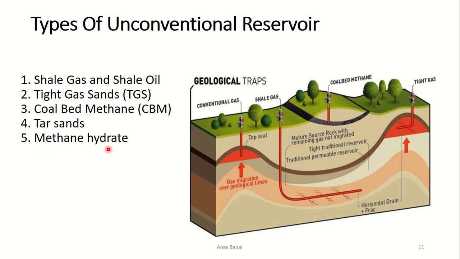And the methane hydrates is a type of methane. It takes the shape of white crystals, and more or less it looks like snow. It normally exists in very cold areas.